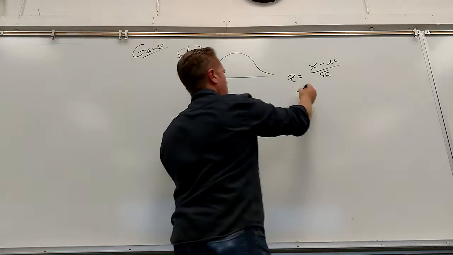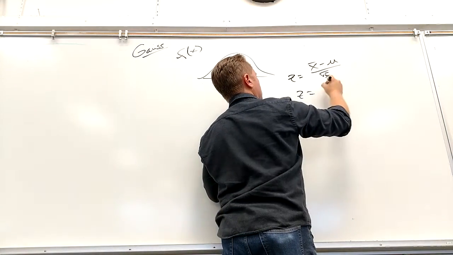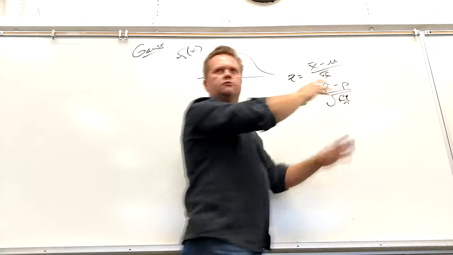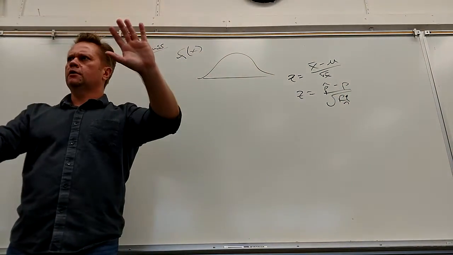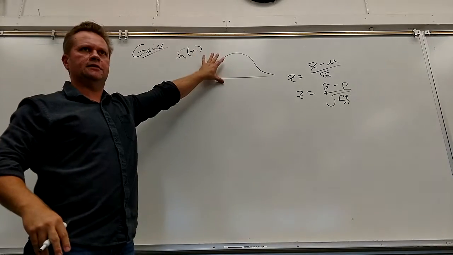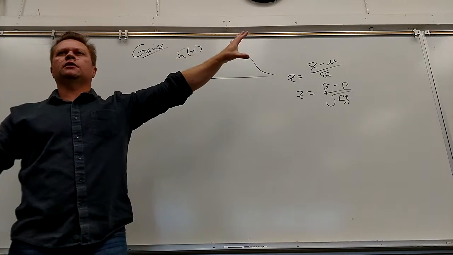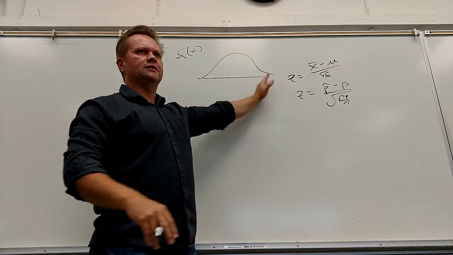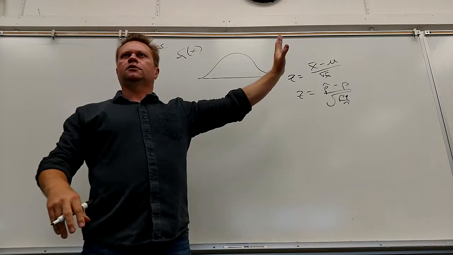There's that one, and there was this thing, right? You guys with me? So there's a probability distribution that exists, and there's multiple ways of identifying places on it.